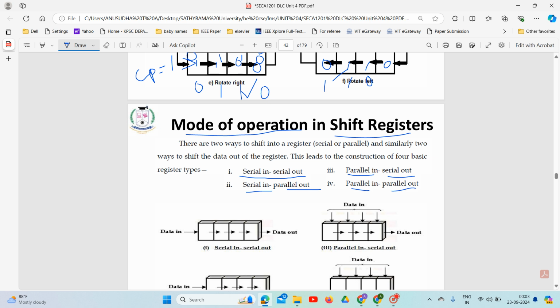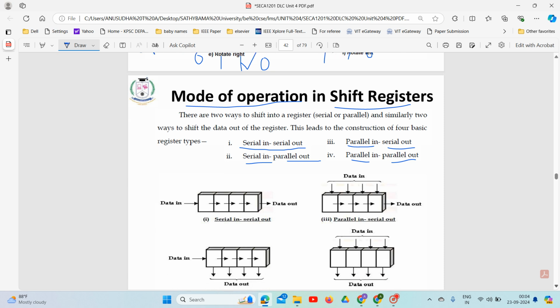In your exam, they will ask this question for 12 marks: explain in detail the modes of operation of shift registers. You have to mention the different modes of operation along with the diagram.